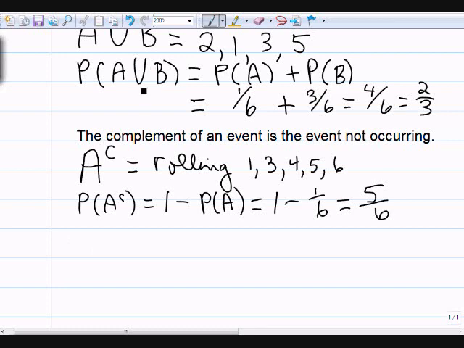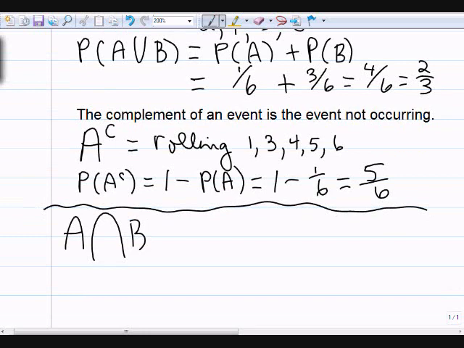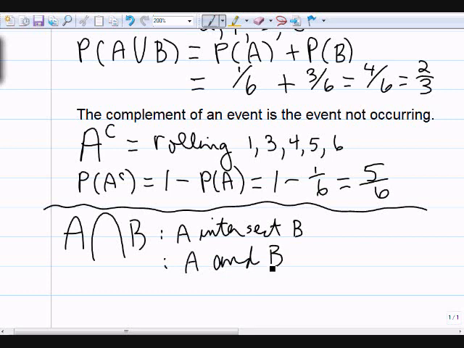So I've got A with a U here, and we can have A with an upside down U here. So this is a new thought here, new rule. And A upside down U B is A intersect B, also known as A and B.